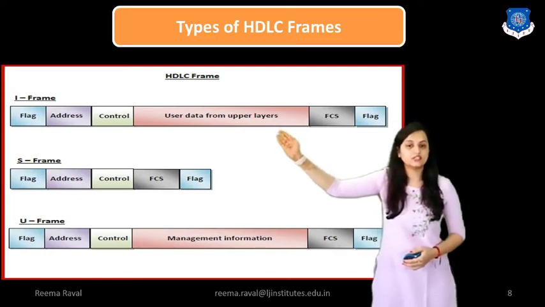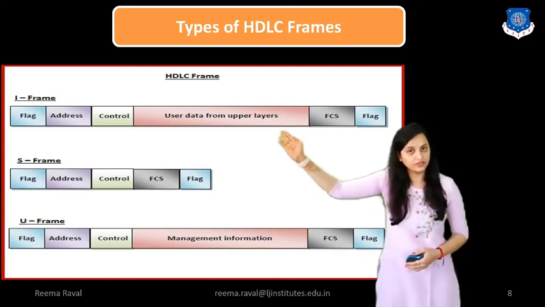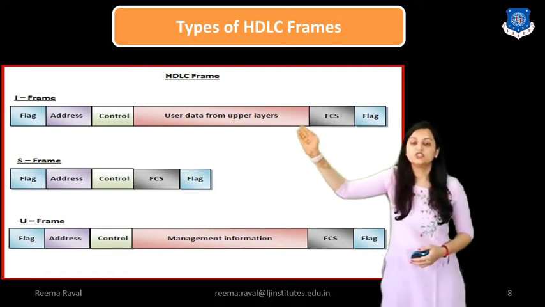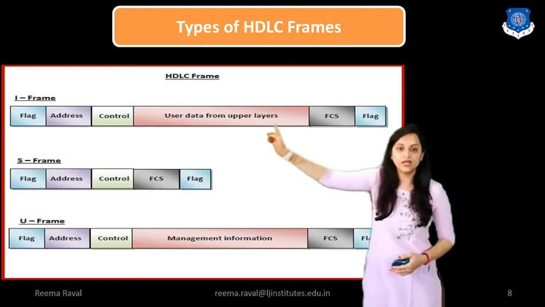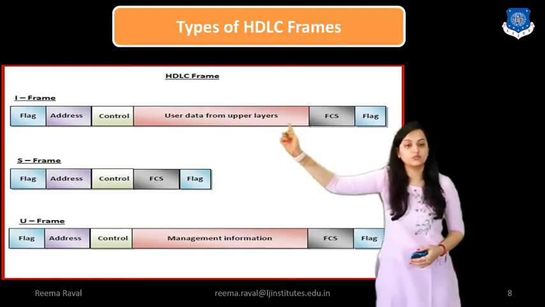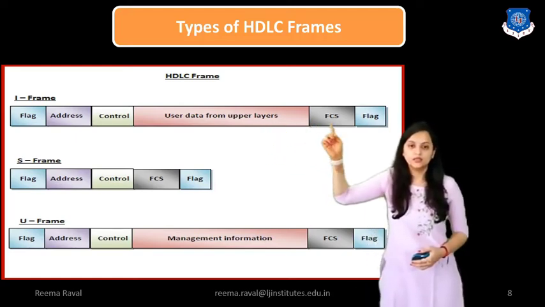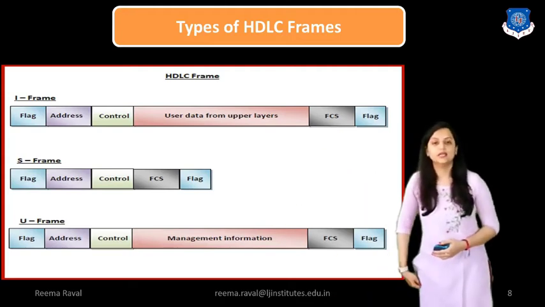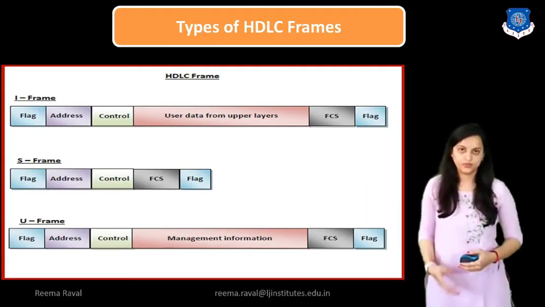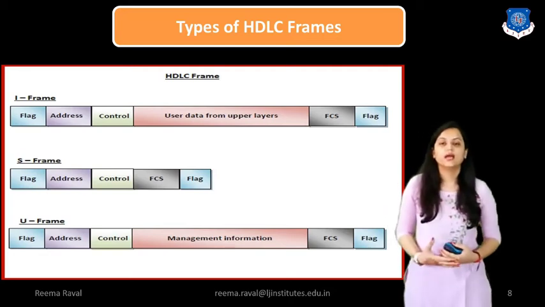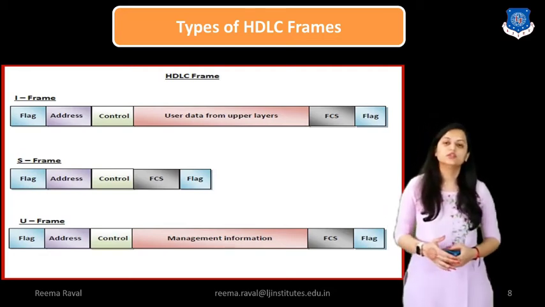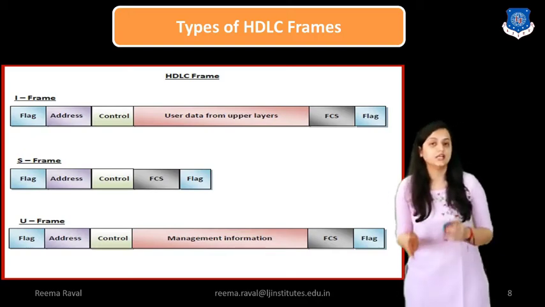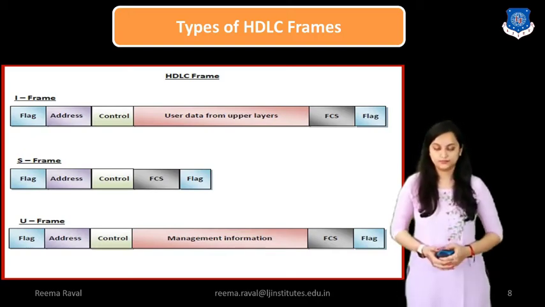So this is the HDLC frame structure for the I frame, that is the information frame, which carries the information from upper layers. That's why we have the user data from upper layer field in this frame structure. Here the next field is FCS. FCS is the frame check sequence, in short it is related to error detection.